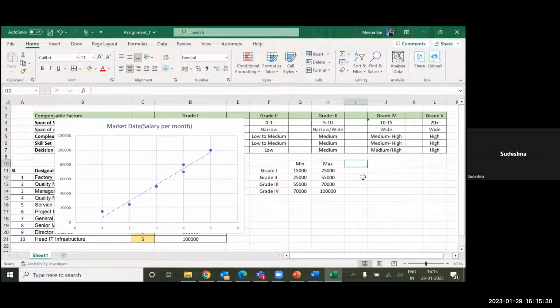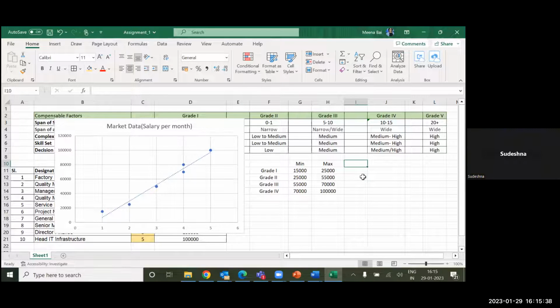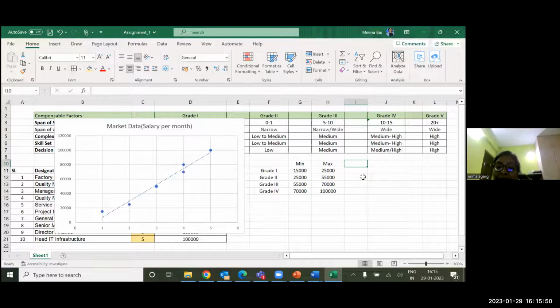Also, when we are giving perks like a car allowance or mobile eligibility, on what factors do they get decided? Is it the complexity of the job, or is it that you are in a higher grade, so you're eligible for a car allowance? Typically, when you're giving benefits, they're based on the grade.